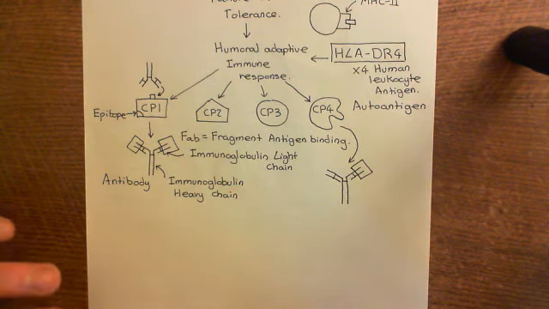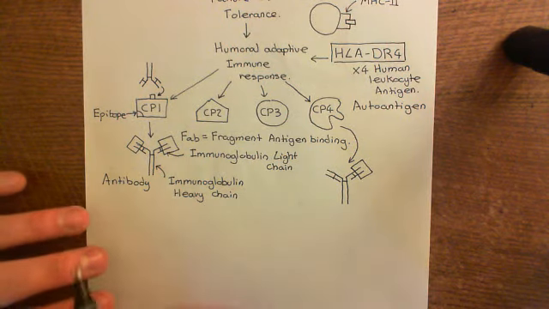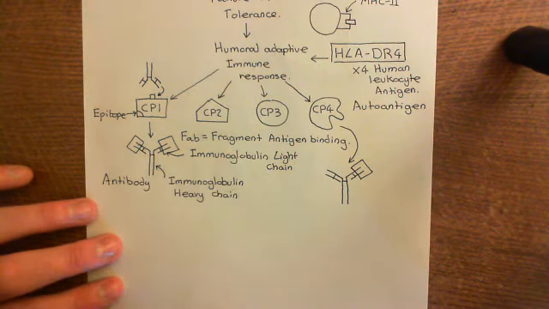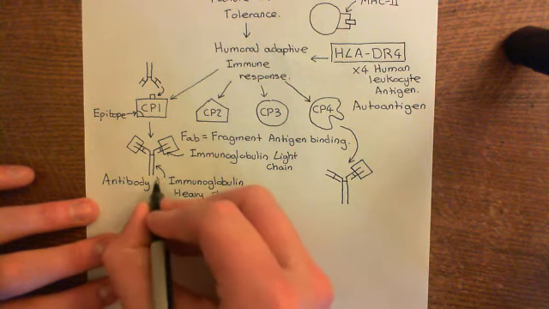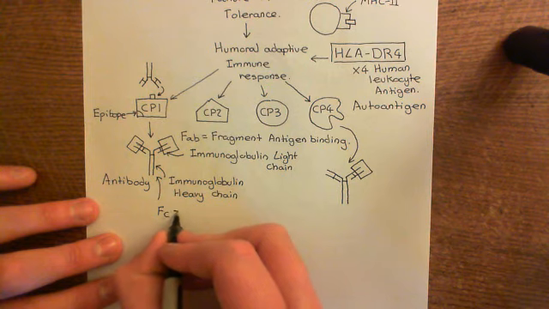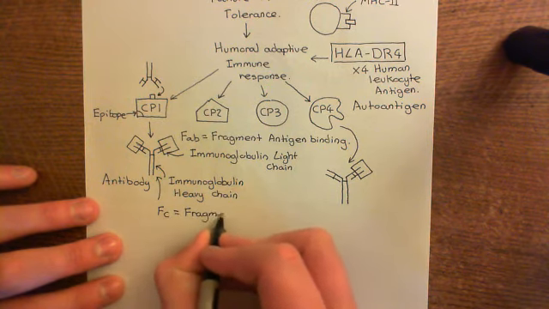Okay, right, so that's the FAB region of the antibodies. Now, all of what's left, you have these two identical antigen binding sites, and all of what's left of the antibody molecule is what's known as the FC region of the antibody molecule, and this stands for the fragment crystallizable.